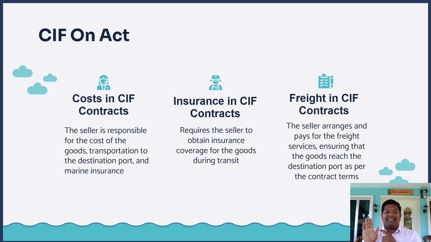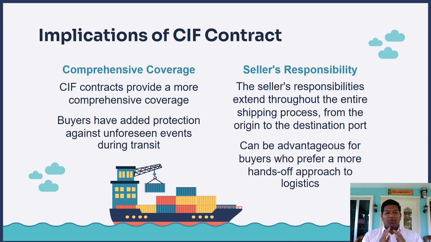Let me give a very simple example, like Samsung sends a very high value lens. The seller, Samsung, will bear the cost of transportation, insurance, and everything until it reaches the destination port. From the destination port, the buyer will then be held responsible.